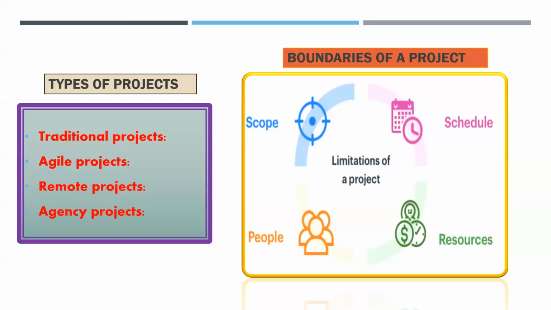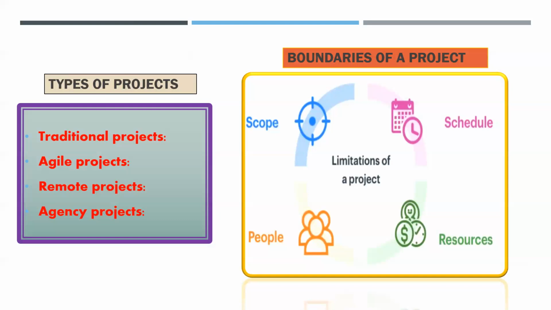Agency projects are outsourced to an agency that is likely to have projects with multiple clients, like marketing and design of the project. These are commonly outsourced to an agency.